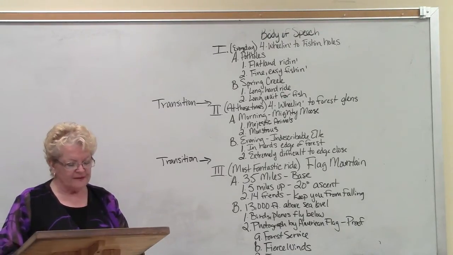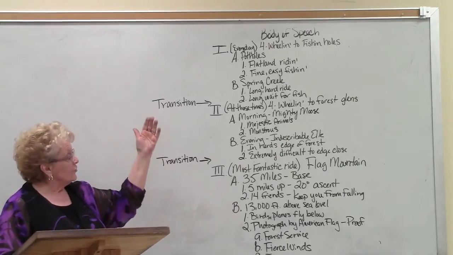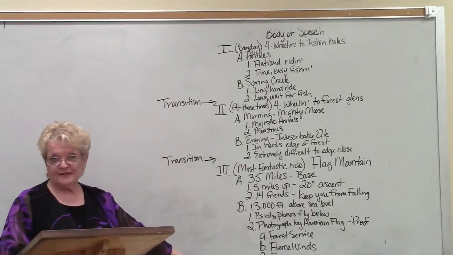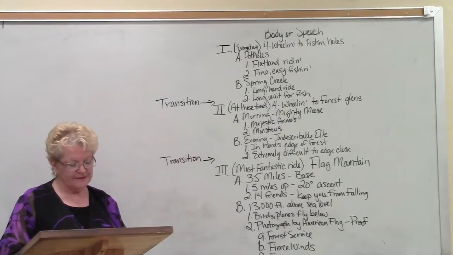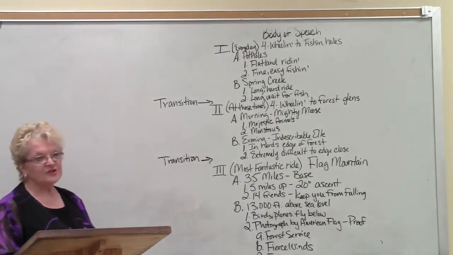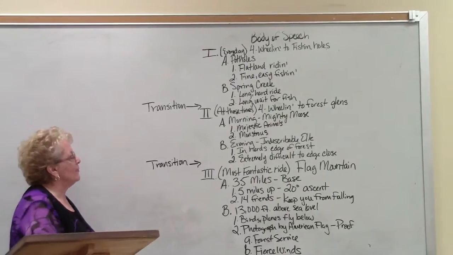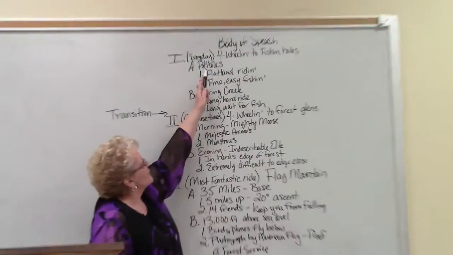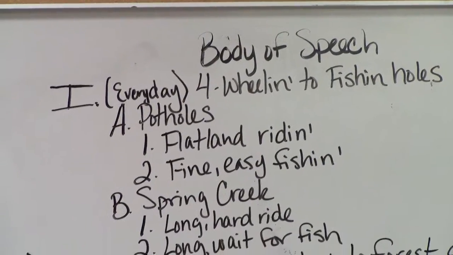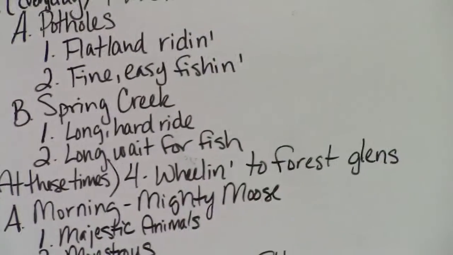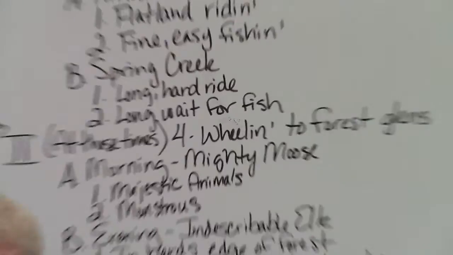Uniformity means that you use all keywords and phrases, as I've done here, or you use all complete sentences. And then the ideas should be parallel so they can be remembered. If you'll notice, four-wheeling to fishing holes, four-wheeling to Forest Glens, four-wheeling to Flag Mountain.